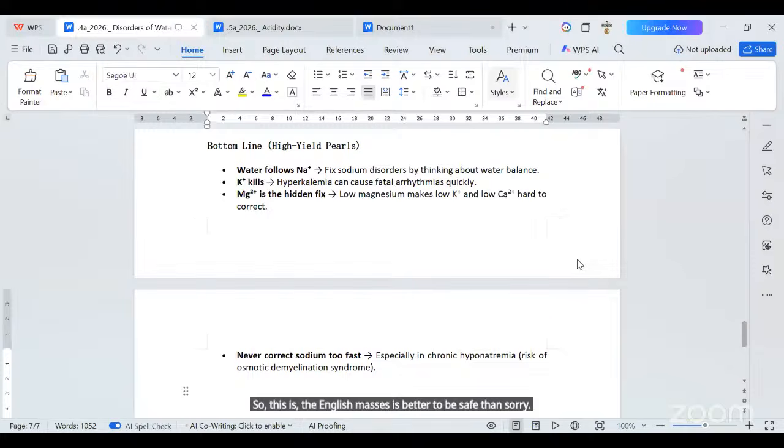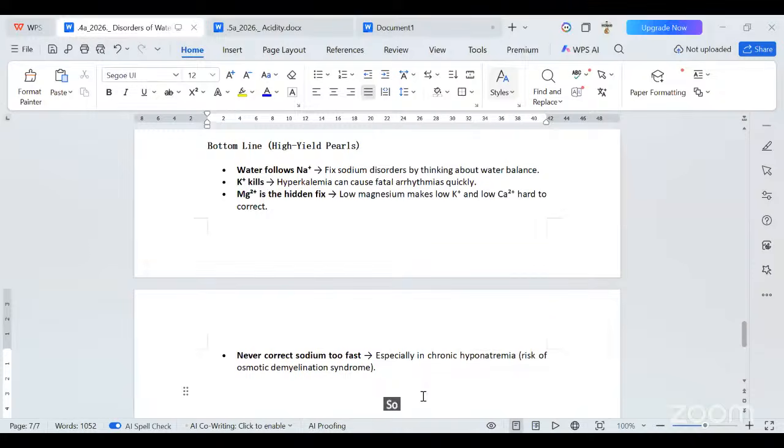And then, because we say sodium leaches with water, even if there be an imbalance in sodium, you don't just drown the person's system. You do it gradually, not too fast, so that the person doesn't go into the risks of osmotic demyelination syndrome, or the edema of the brain.